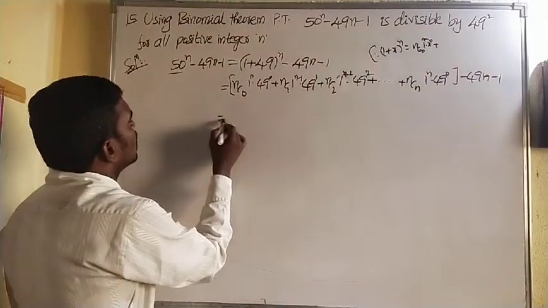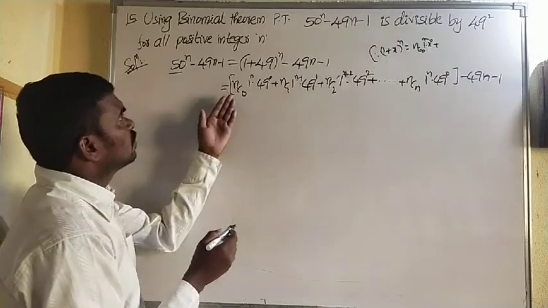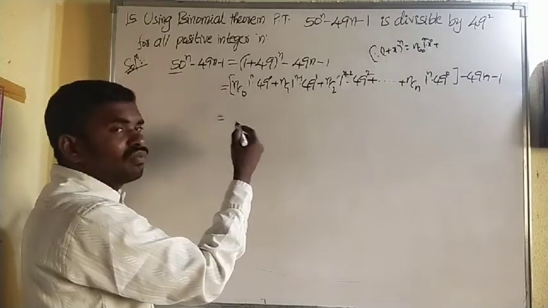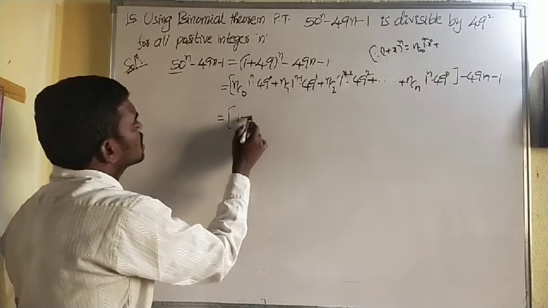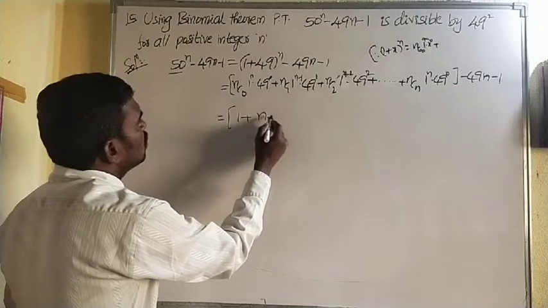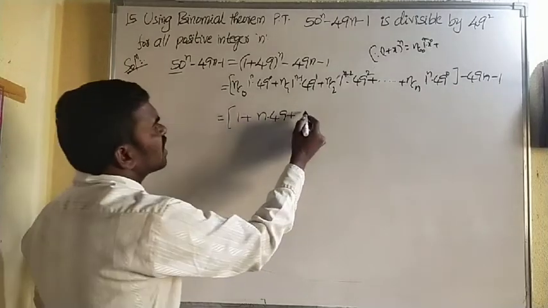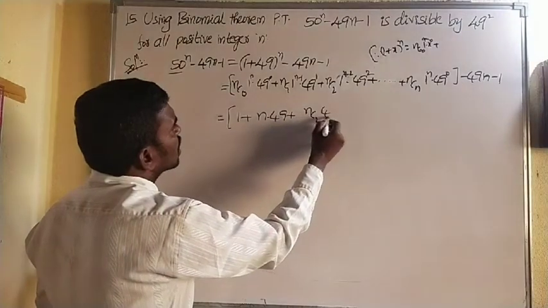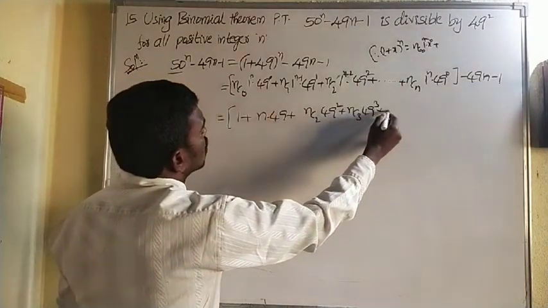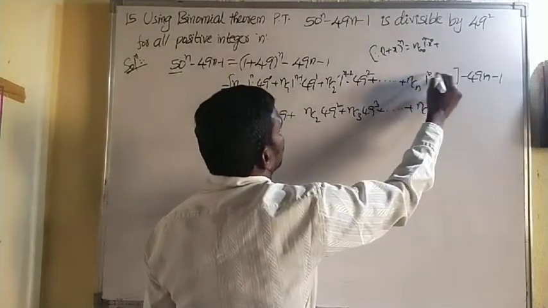Next, simplify. NC0 means simply 1. So 1 into 1 power n is 1 only, and 49 power 0 is 1 only. So we get 1 plus NC1, which is simply n, so n into 49, plus NC2, which we need not simplify: NC2 into 49 square. The next term is NC3 into 49 cube, and so on, the last one being NCn into 49 power n.